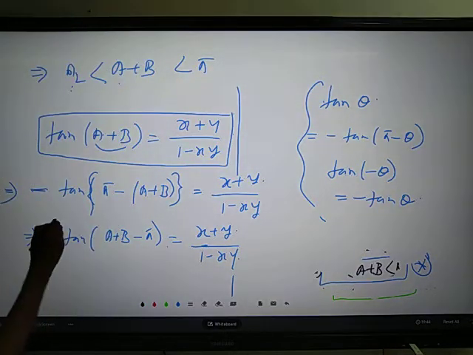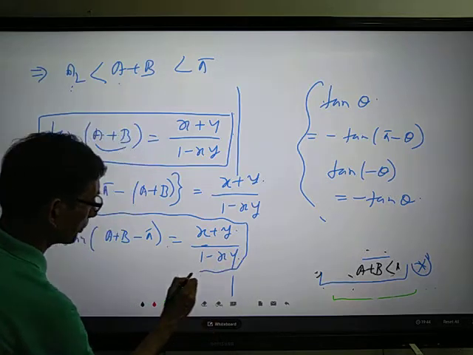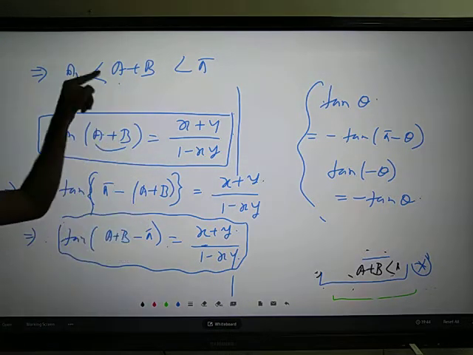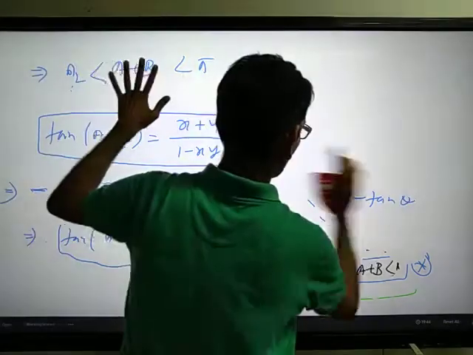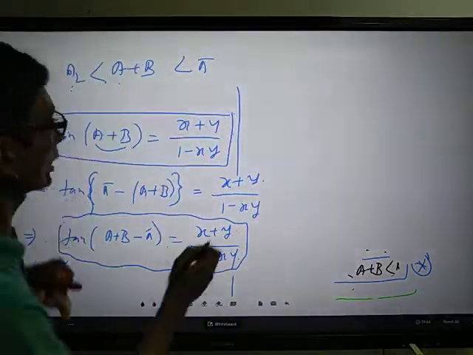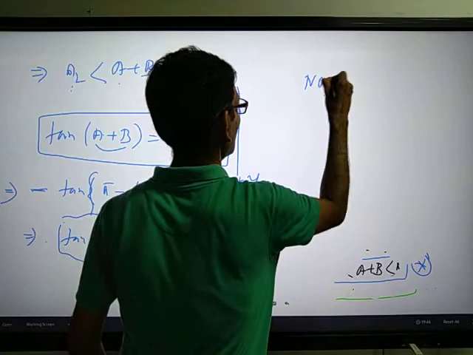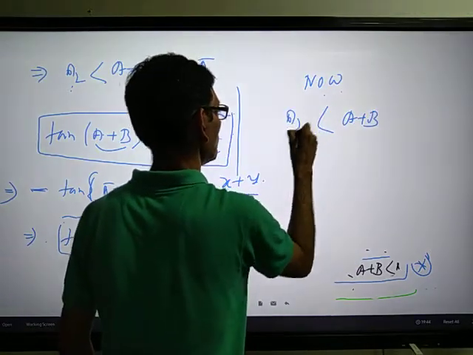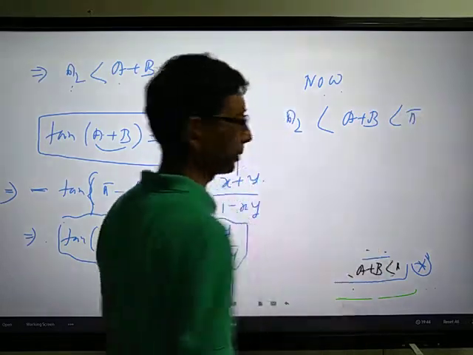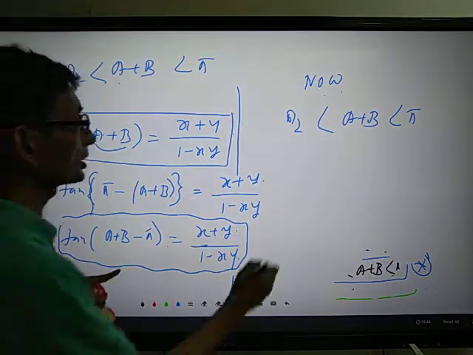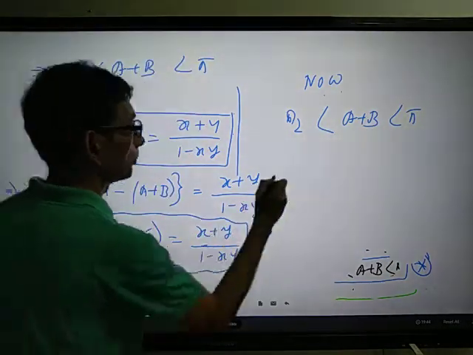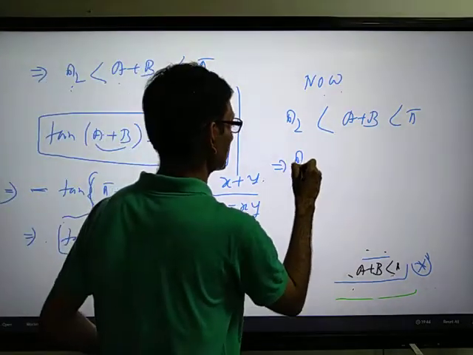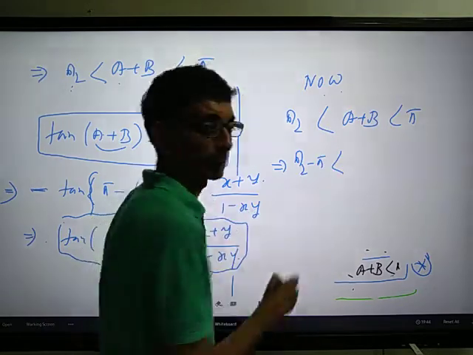Now this is a very important expression. What is the angle now? a+b−π. We know a+b is lying between π/2 and π, as I already explained. But I will be converting this a+b to the form a+b−π, so I will subtract π from each term.